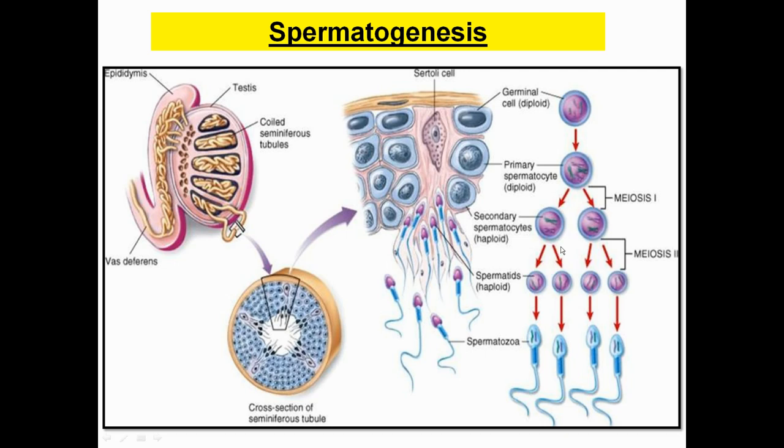After the second meiotic division, these haploid secondary spermatocytes form spermatids. Spermatids are again haploid, and these spermatids ultimately convert into spermatozoa. Spermatozoa are the sperm. So spermatozoa or sperm is the same term.